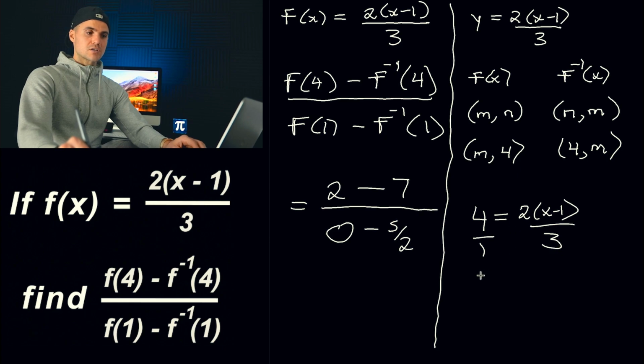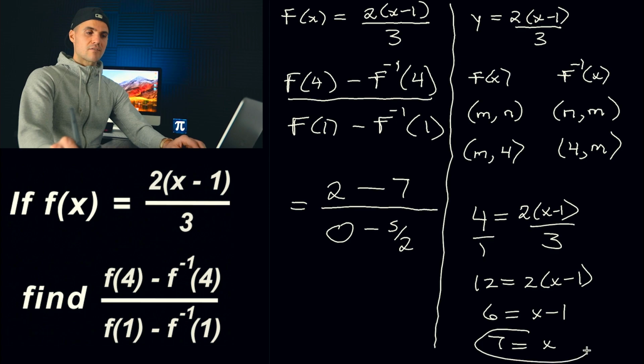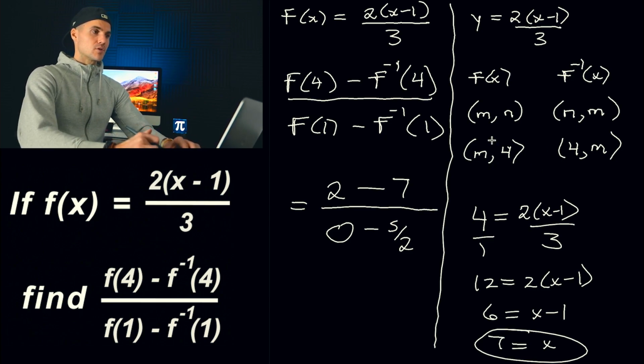From here, you could cross multiply: 12 equals 2 bracket x minus 1. Divide both sides by 2, you get 6. And then you get 7. Same exact thing that we got before. So if you don't want to go through the whole process of finding the inverse function and then plugging in 4, you can recognize that plugging in 4 for x in the inverse is the same thing as plugging in 4 for y of the original function and then solving for x. That's another way you can go about it.